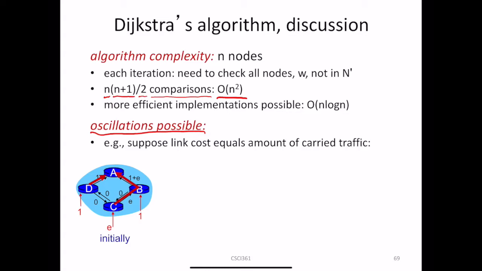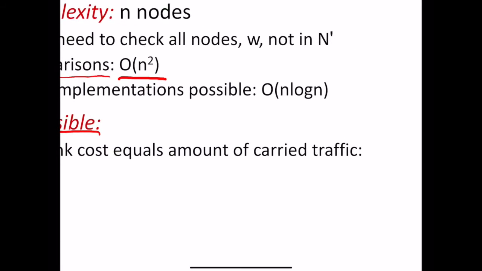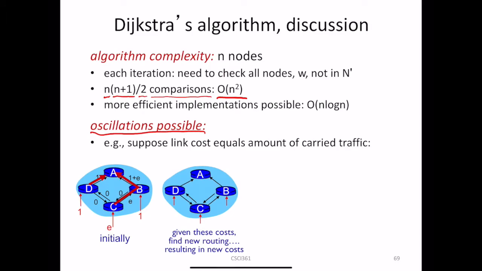Then routers D, C, and B will decide to transfer the data through the clockwise path, which will look like this. Then everybody will use the clockwise direction.